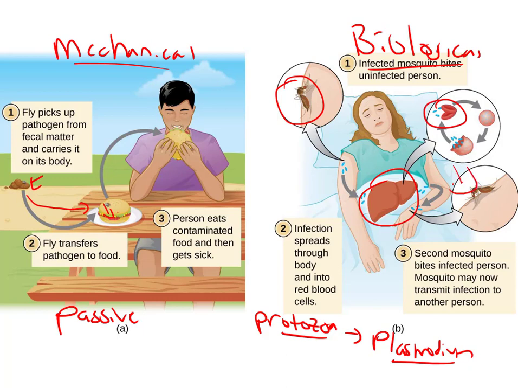And then it goes back to the mosquito. So it requires all three places in its life cycle. It needs the mosquito for its reproduction. And by the way, this disease is known more commonly as malaria. So Plasmodium that cause malaria require this mosquito, which is a biological vector.